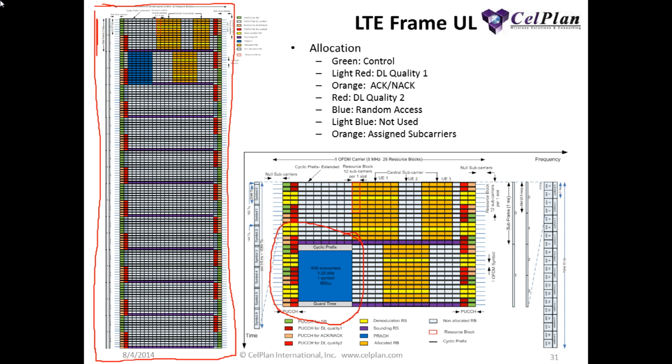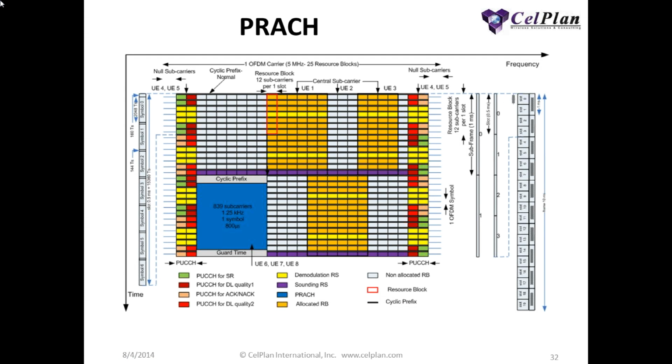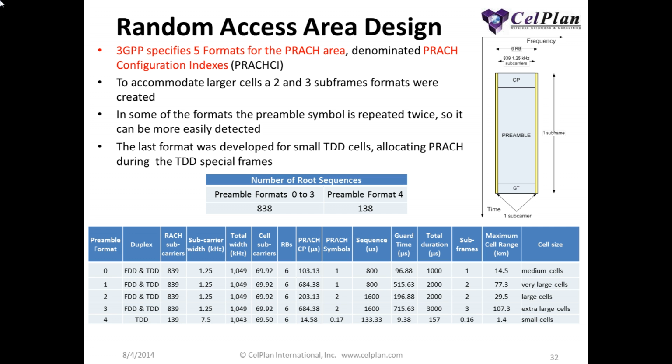So with this, we have 839 subcarriers here. And one symbol with a duration of 800 microseconds, one symbol per subcarrier. And those 839 subcarriers carry then a 839-long Zadoff-Chu code.